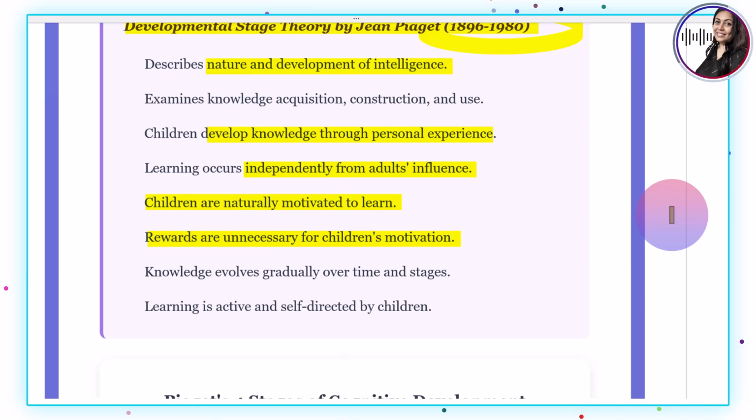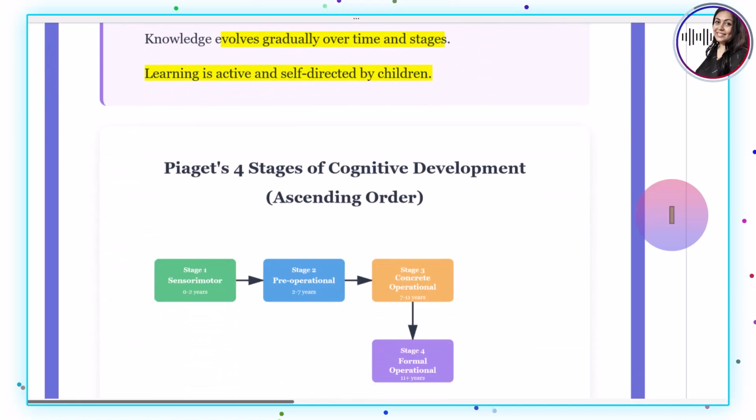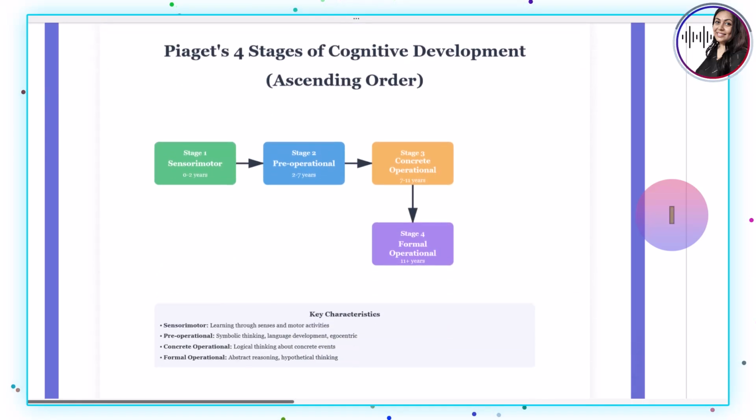Piaget explained that cognitive development occurs gradually over time and progresses through distinct stages. Learning is active, self-directed, and driven by the child's interaction with the environment. An important exam-tested statement highlights that the brain continues to develop throughout childhood and adolescence.